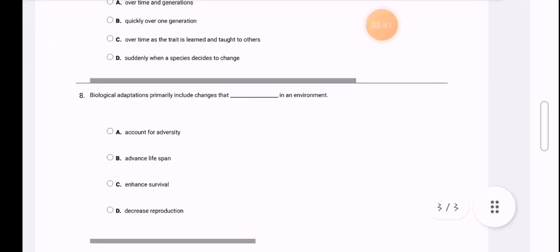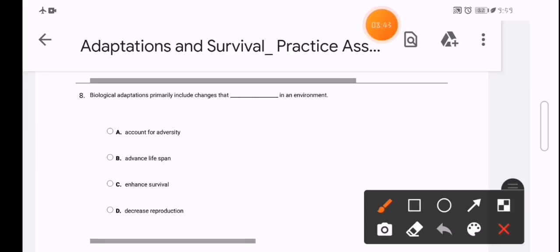Number 8, biological adaptation. Biological adaptation means that this adaptation will occur inside ourselves or in the offspring. It primarily includes changes that help what in an environment.